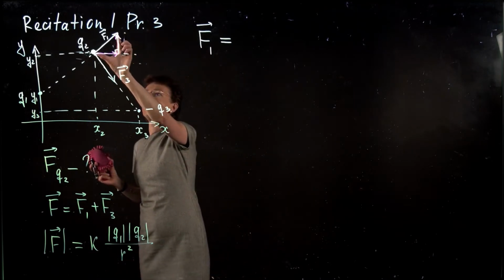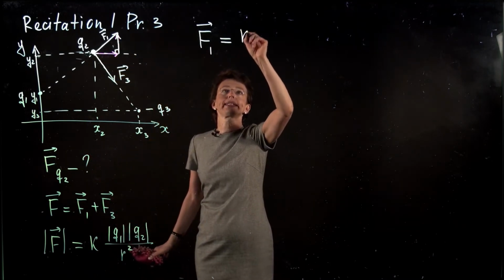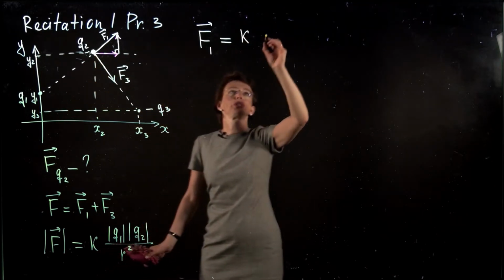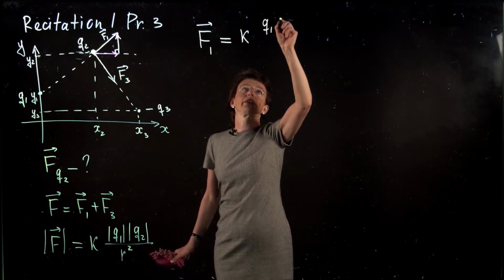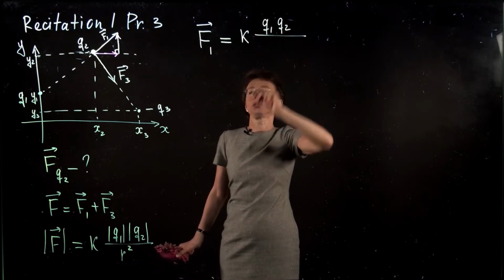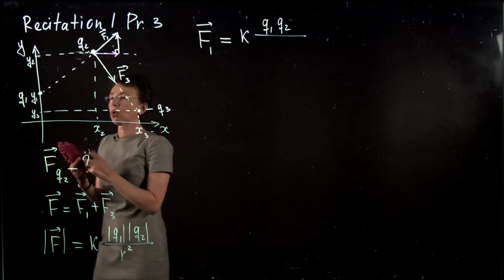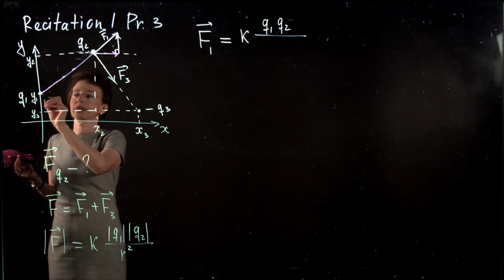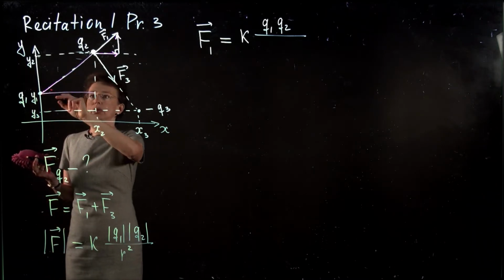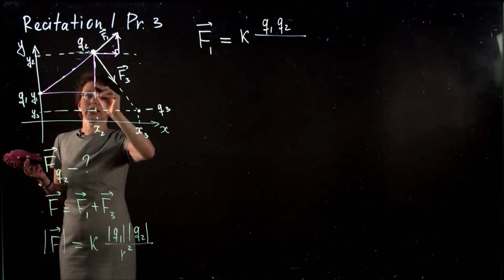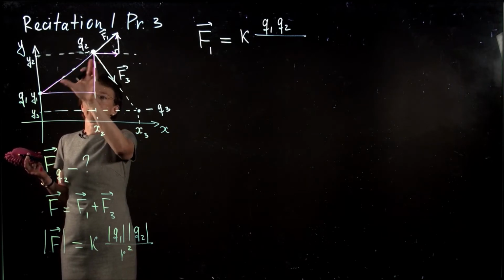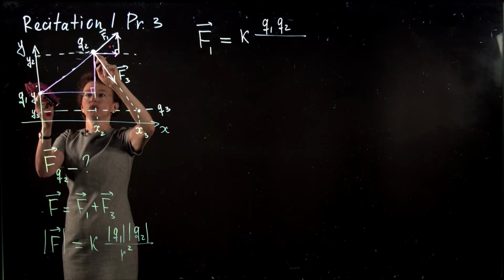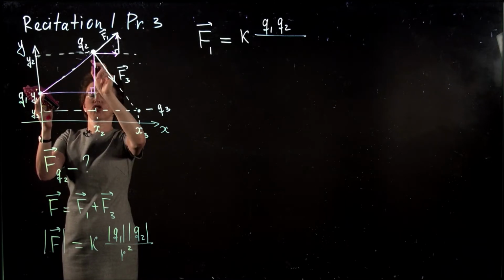The magnitude of this force F1 is K, the product of charges Q1, Q2, divided by the distance between them squared. The distance between them is this length, but I will use this right triangle to find it. The distance between these two charges is the hypotenuse of this right triangle.